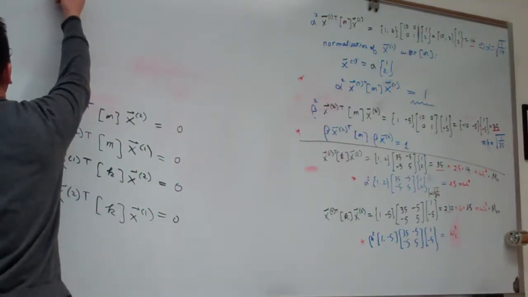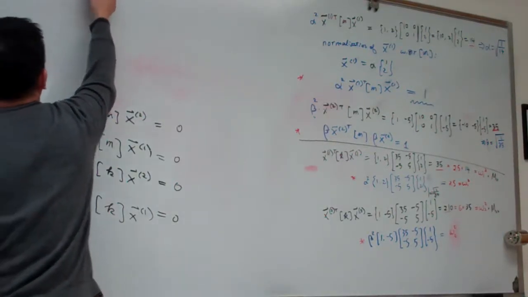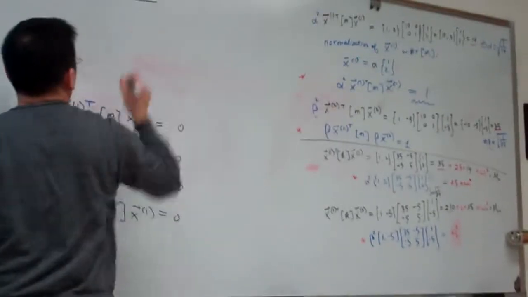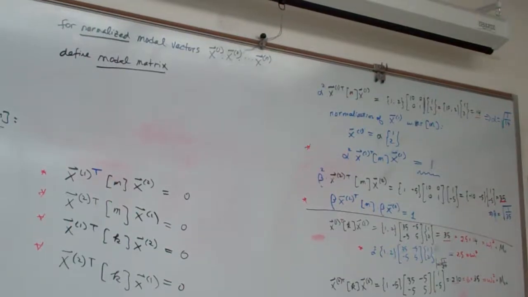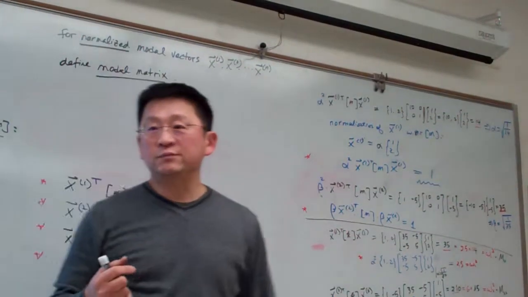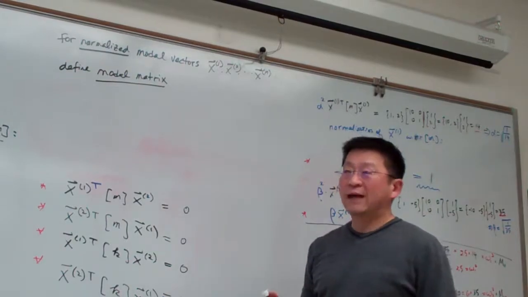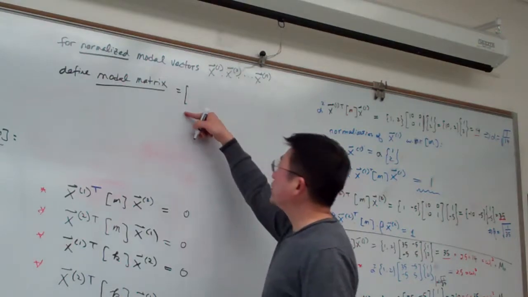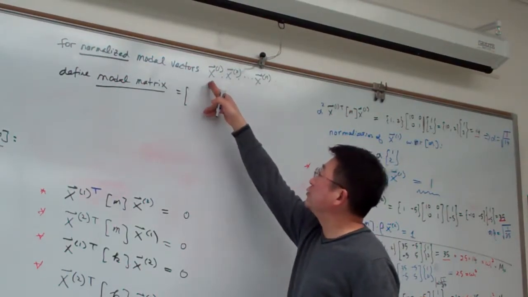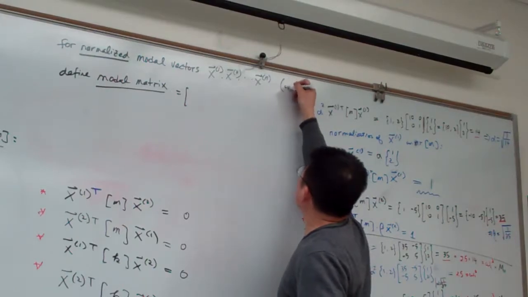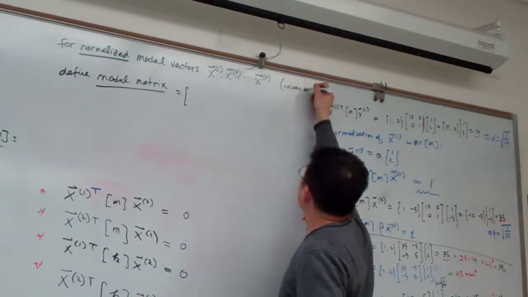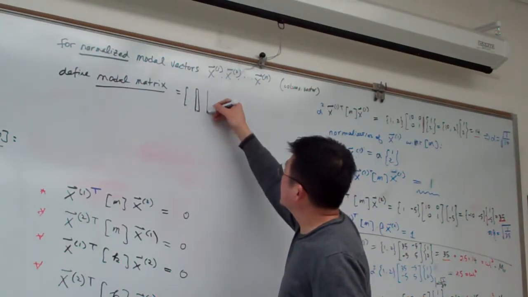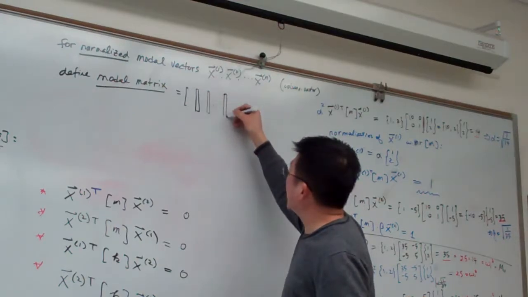I define the modal matrix, which should be the first time introduced to you, just similar to what we call the mass matrix or stiffness matrix. Basically, the arrangement is this. Each modal vector is a column vector. So here, this is the first mode, the second modal vector, and the nth modal vector.